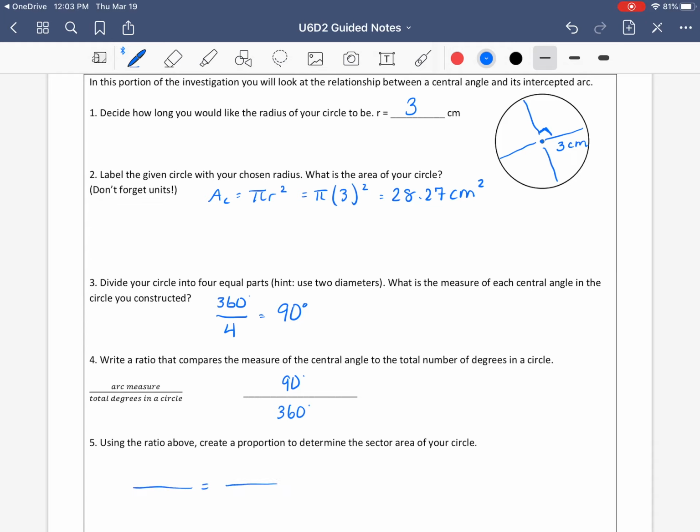So we have, where this is your arc measure, this is your total degrees in a circle. This one is going to be your sector area, which will be our x, and below it will be our area of a circle.